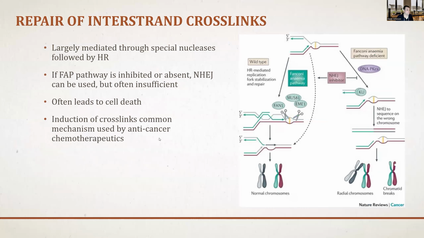What happens, on the other hand, if we get an interstrand crosslink? Typically, we're going to rely on a series of nucleases to come in. They're going to have to cut out that section of the chromosome or of that particular DNA. And then typically they use homologous recombination to be able to fix this.